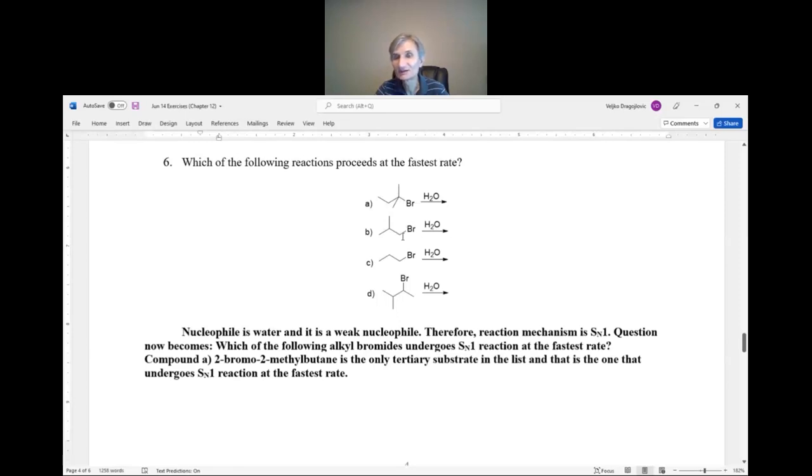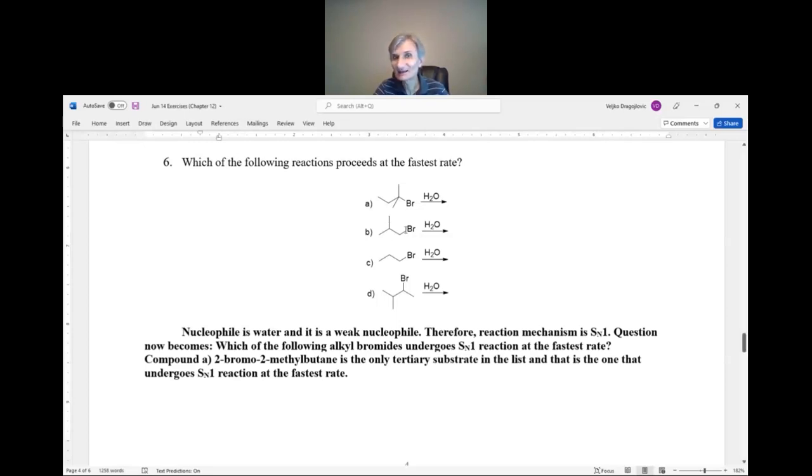B, that one is actually primary. That one would favor the SN2 mechanism rather than SN1 because it's primary, and primary carbocations are unstable. So that's actually what I mentioned earlier when I got a little bit ahead with the previous question and started discussing that point about primary carbocations being unstable.